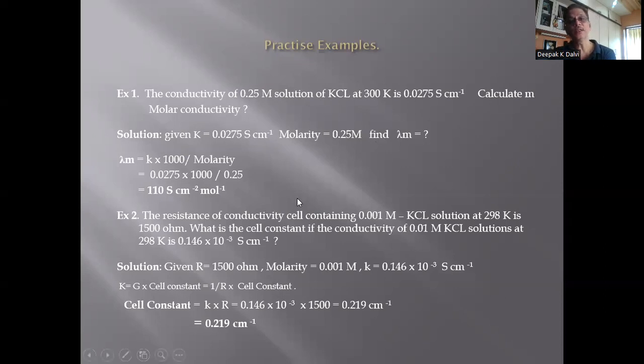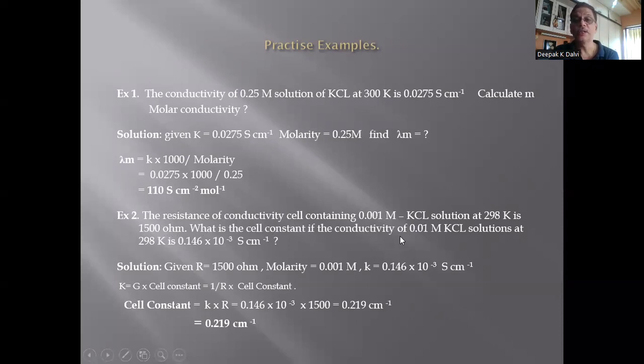Similarly, in the second example, we have the resistance of a conductivity cell containing 0.001 M KCl solution at 298 Kelvin, which is 150 ohm. So the resistance given is 150 ohm. Here we have to find the cell constant.